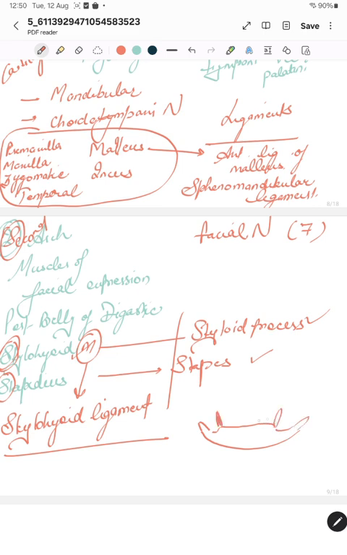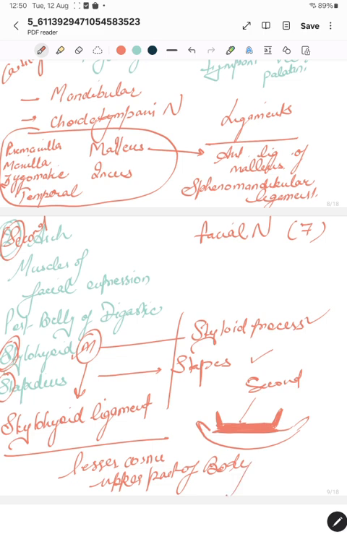The lesser cornu and the upper part of the body are derived from the second arch. The nerve is the facial nerve.